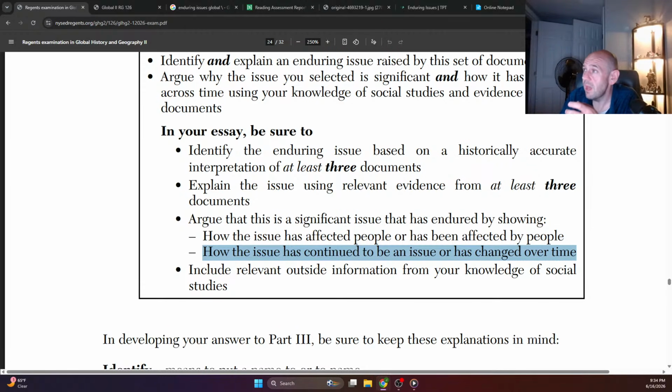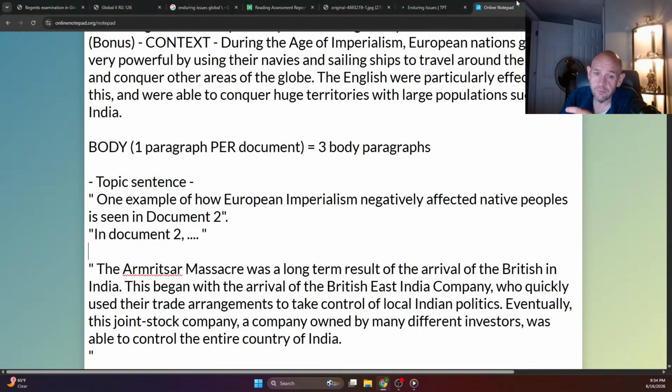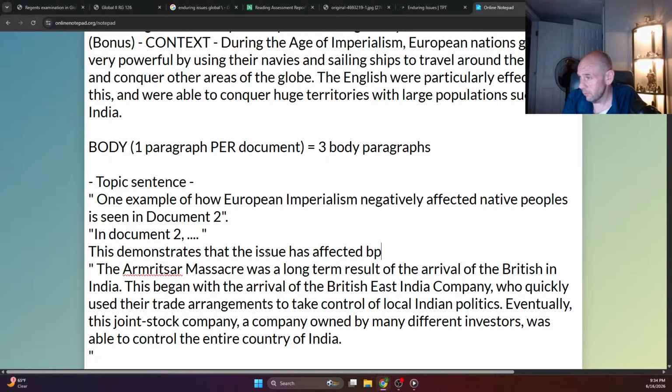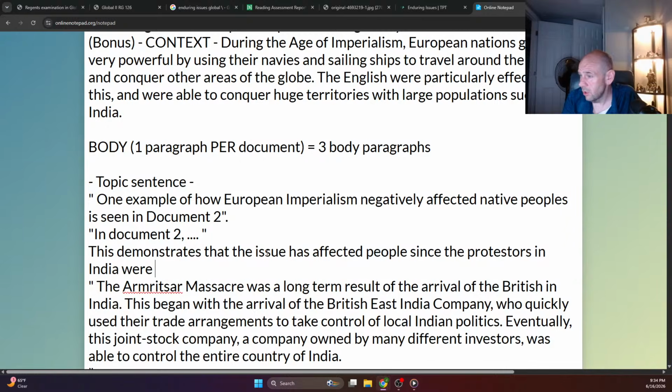And the place to do that would be, again, formatting wise, in the body paragraph, kind of like right after the document. You can say, this demonstrates, feel free to use the word demonstrates a lot if you want, that the issue has affected people since the protesters in India were shot and killed in the massacre.